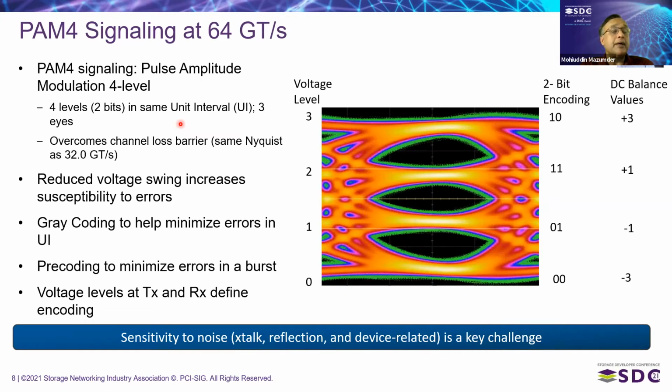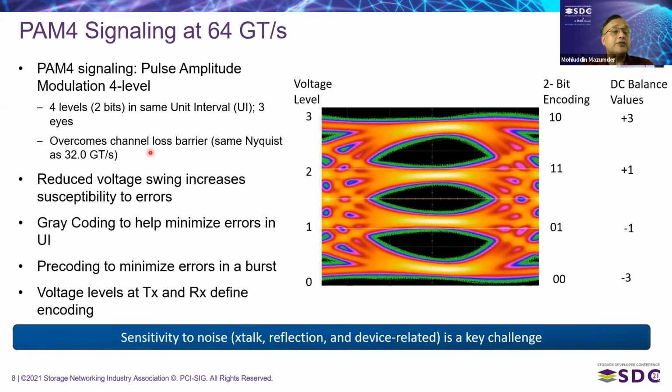But what we lose is, now you can see we have 3 eyes. Each of these levels from 0 to 1 or 1 to 2 or 2 to 3 now has 1/3 the voltage that a binary signaling would have. So this reduced voltage swing and also the transition between various of those voltage levels degrades both the overall signal fidelity as well as the timing.